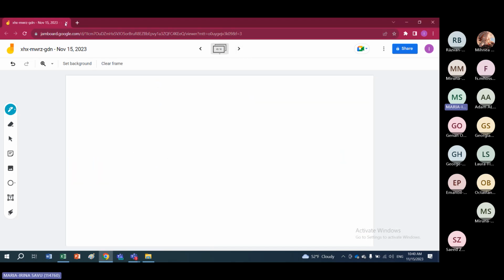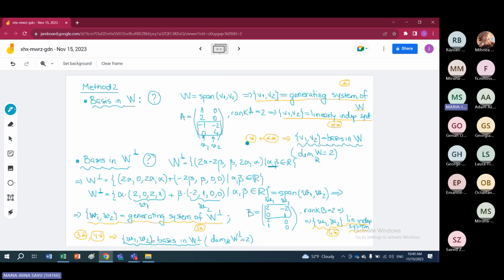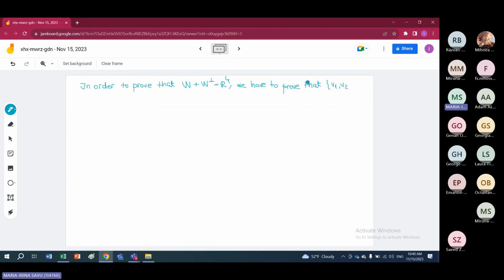So in order to prove that W perpendicular is that space, we have to prove that the basis of W, V1 and V2, together with W1 and W2, is a basis in R4.